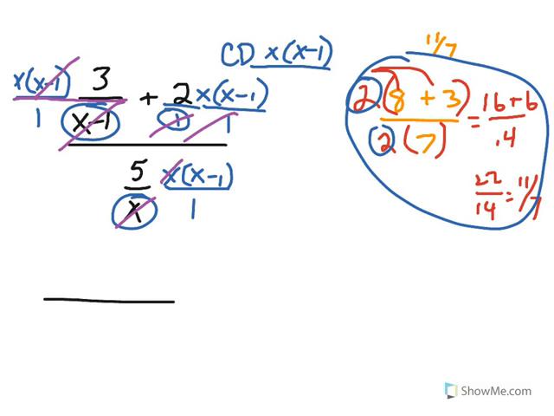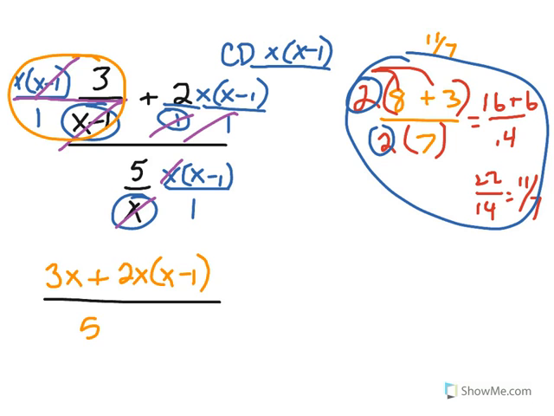I know it looks bad right now, but let's see what happens. This whole thing right here is no longer a fraction. Denominator's 1. So now I just have a 3x. Over here, I have everything. I got plus 2x times x minus 1. And on the bottom, it looks like I have 5 times x minus 1.